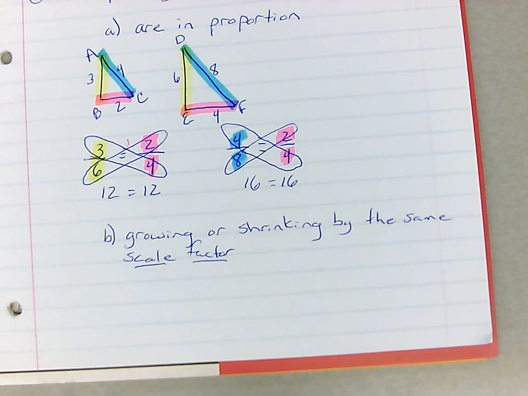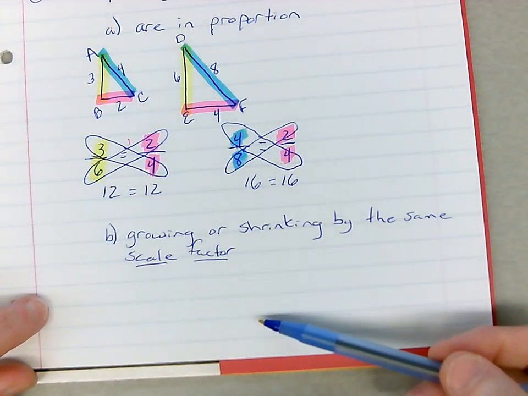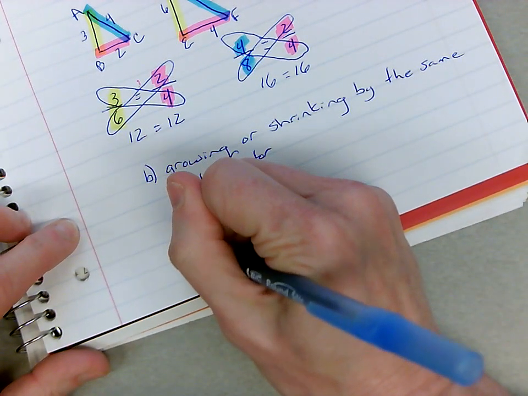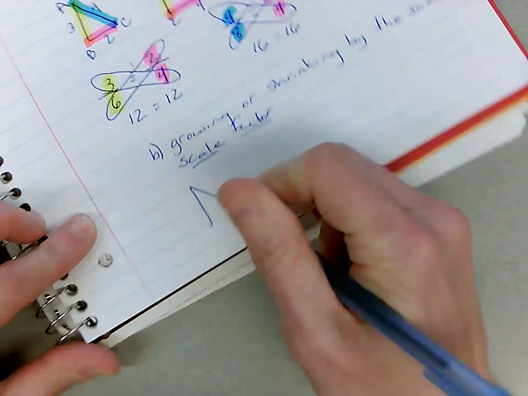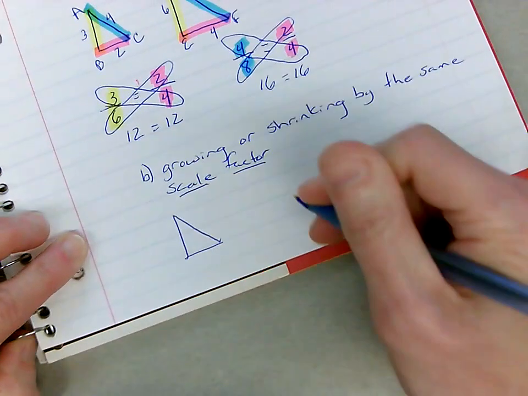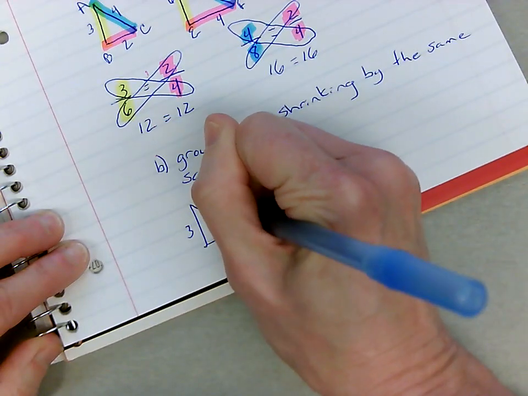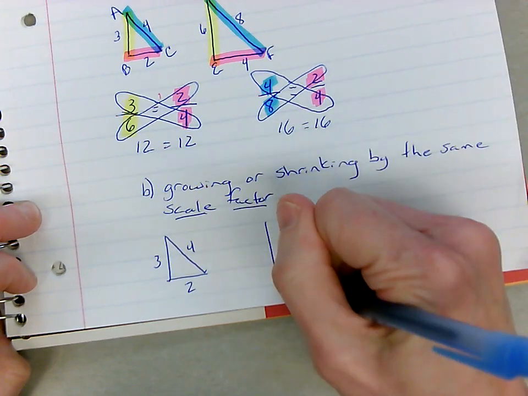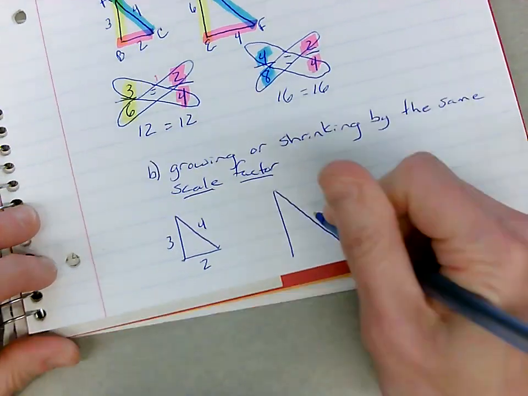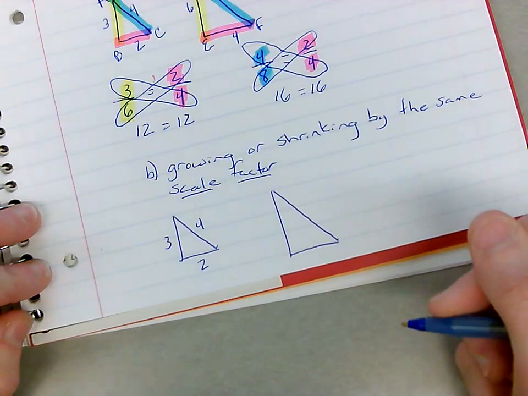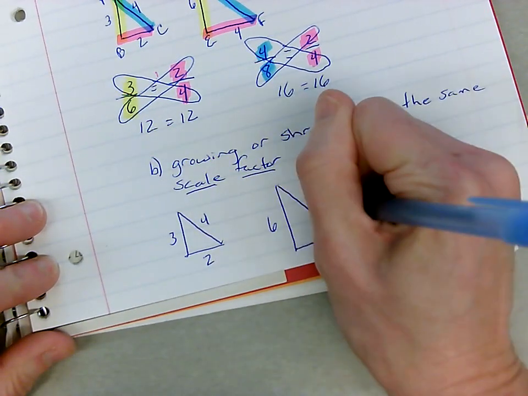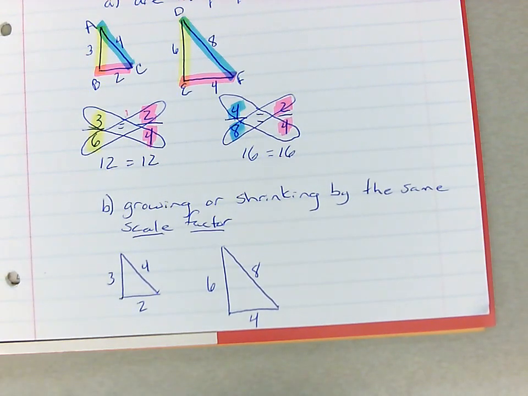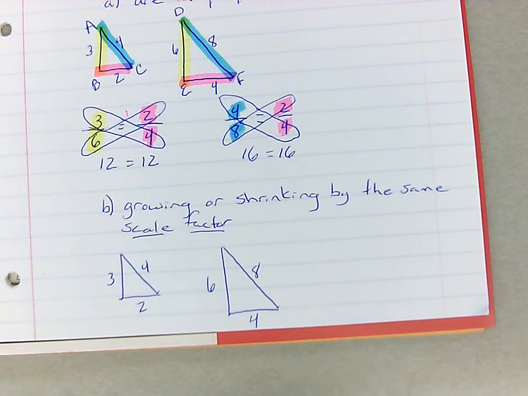So I'm actually going to redraw these same triangles down here. And I'm just going to put the sides on here right now, like this. Okay, so it's the same triangles as above. All I'm doing is labeling the sides.